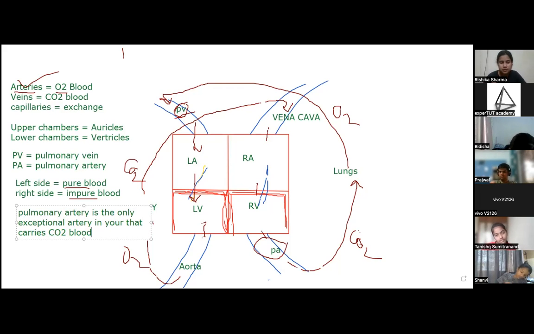Always remember this. Same goes with the pulmonary vein. Pulmonary vein is the exceptional vein that carries oxygen containing blood. Am I clear?